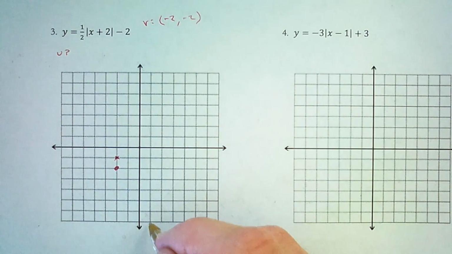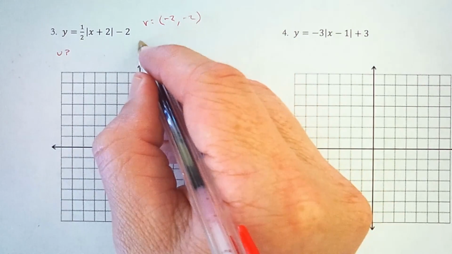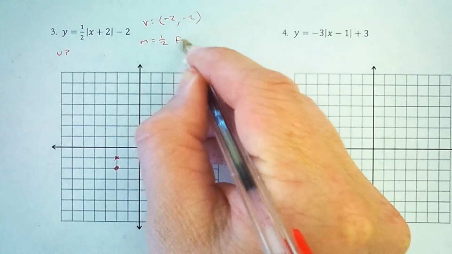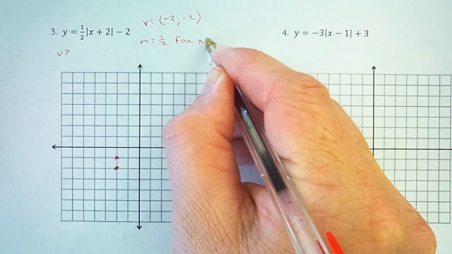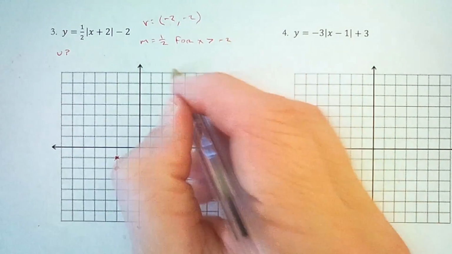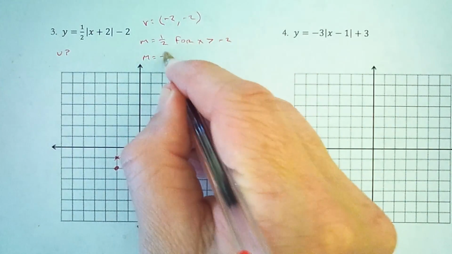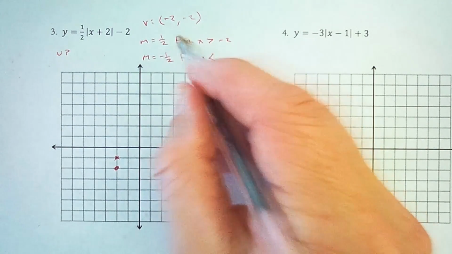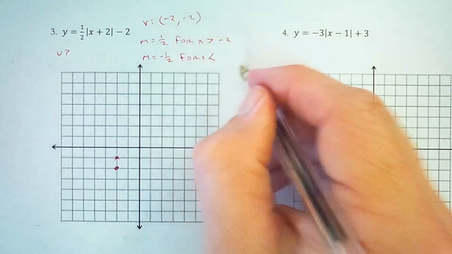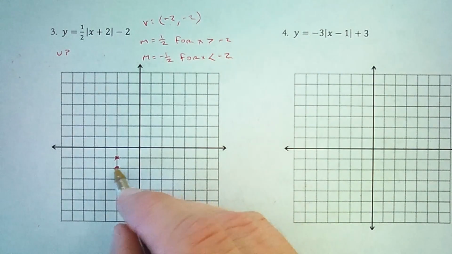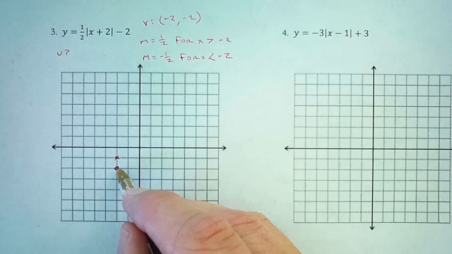And then the slope is 1/2 on the right side. So A is 1/2, so slope is 1/2 for x's that are to the right of or greater than negative 2. And on the left side, the slope is negative 1/2. So that's for x's that are to the left of or less than the vertex, negative 2. So on the right side, we've got a slope of 1/2.